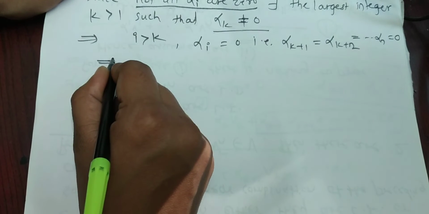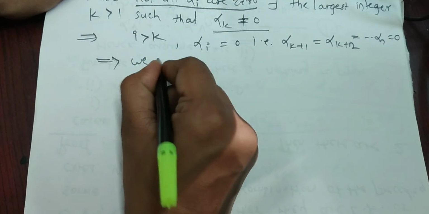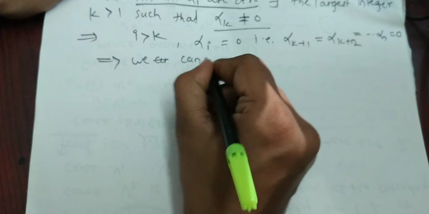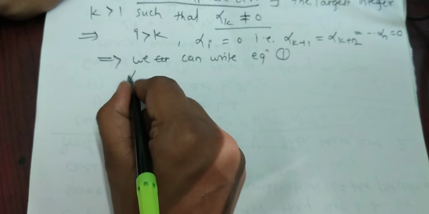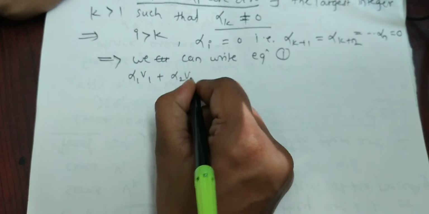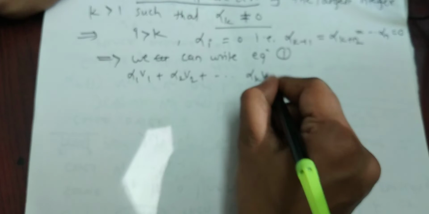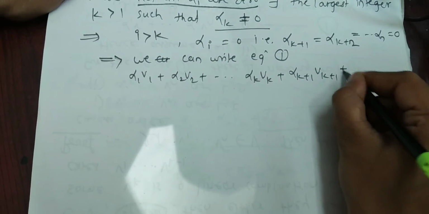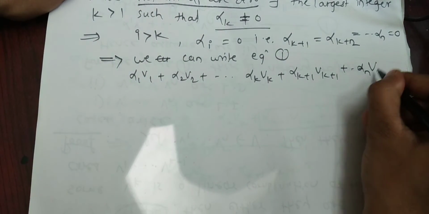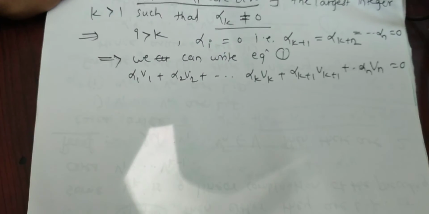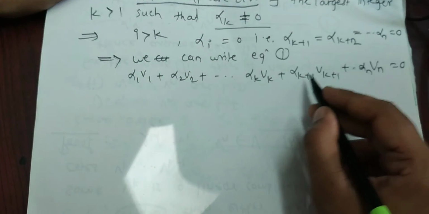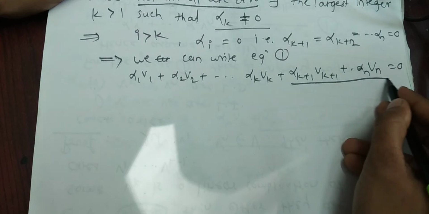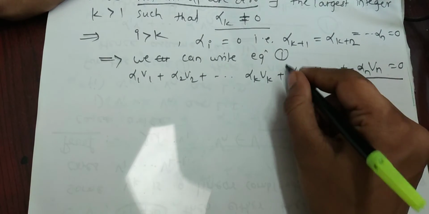This implies what? So we can write equation 1: alpha 1 v1 plus alpha 2 v2 plus ... plus alpha k vk plus alpha k plus 1 vk plus 1 plus ... plus alpha n vn is equal to 0. We assumed that alpha k plus 1 and onward are 0, so this part is 0.